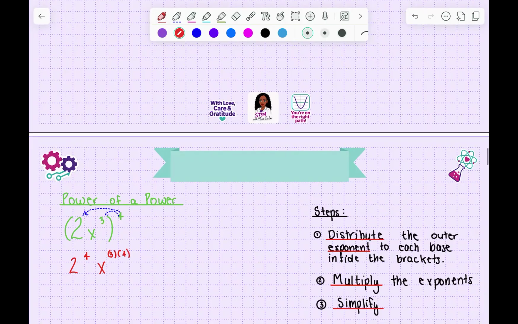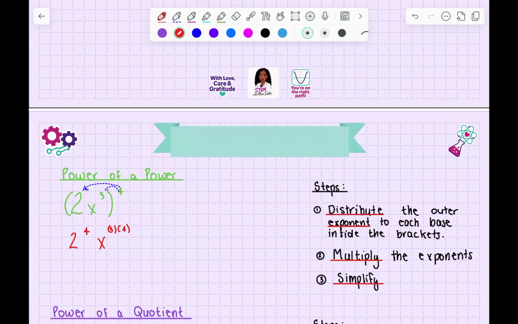Okay, so you are multiplying those exponents finally. Okay, so 2 to the power of 4, right? What is 2 to the power of 4? I'm going to remind you that's 2 times 2 times 2 times 2. So you are multiplying 2 by itself 4 times. So 2 times 2 is 4, then you have 4 times 2 is 8, and 8 times 2 is 16.